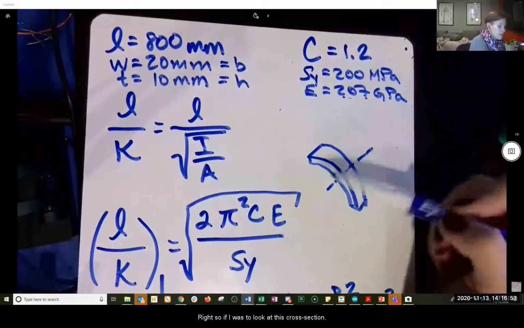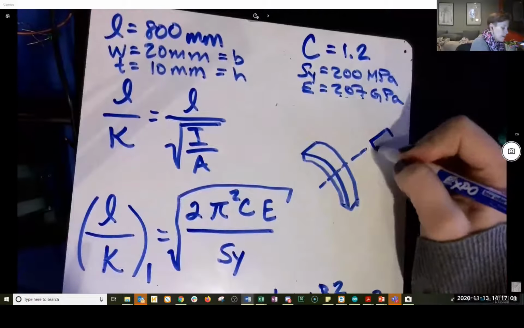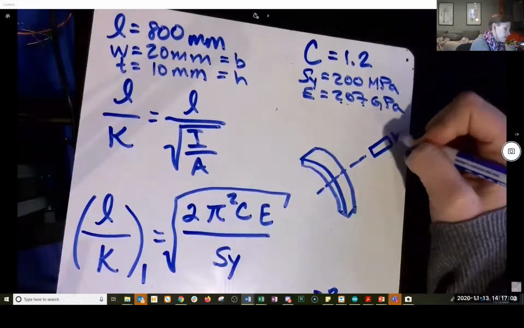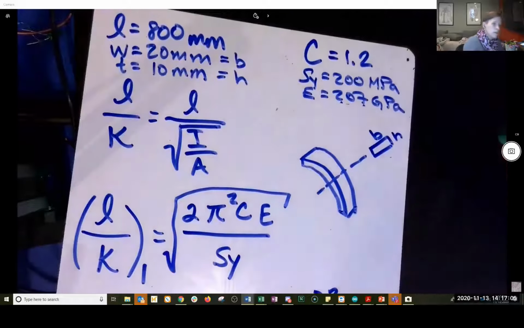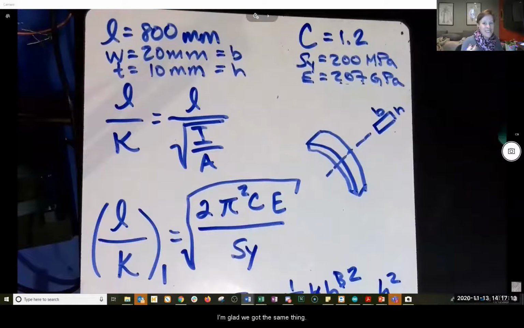Right, so if I was to look at this cross section, I'm looking at HB. I literally just drew out the same thing on my own whiteboard. Thank you. Yes, I'm glad we got to the same point.